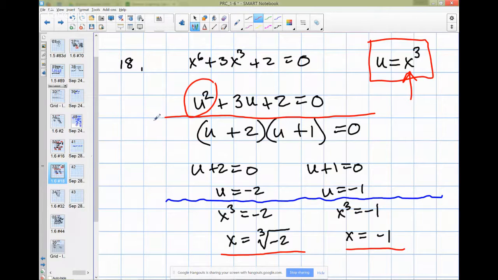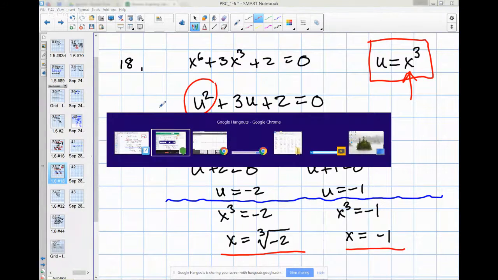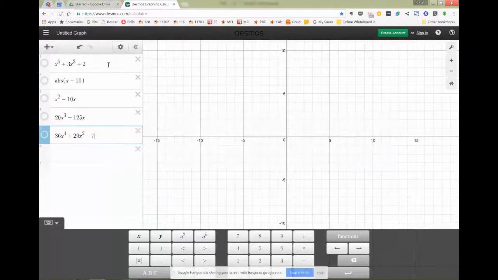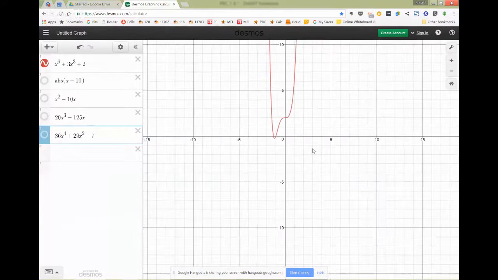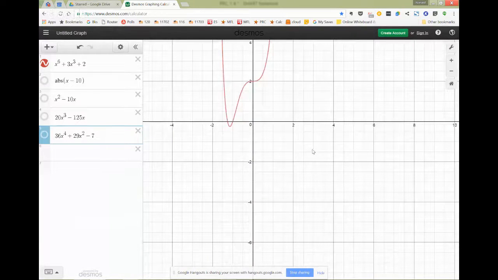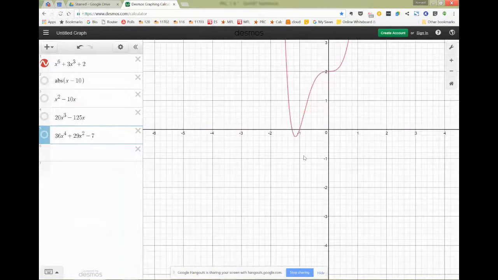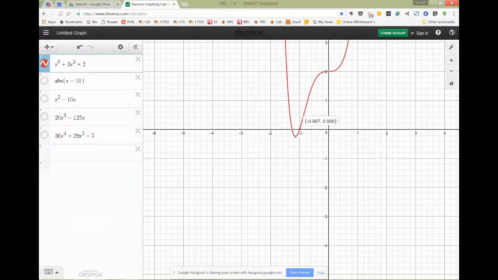Let's take a look at this one. I think I have this one on Desmos already. Yeah, that's the one on the top here. I'm going to have to zoom in on this one because we want to see where it crosses the x-axis. Interesting, it's not showing it. Oh, there we go.